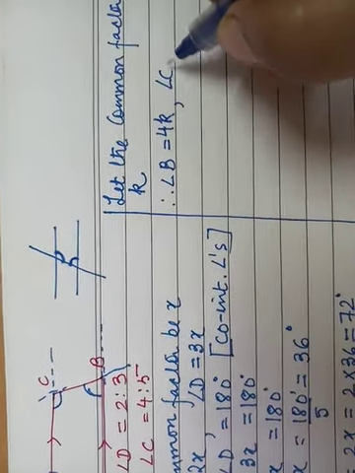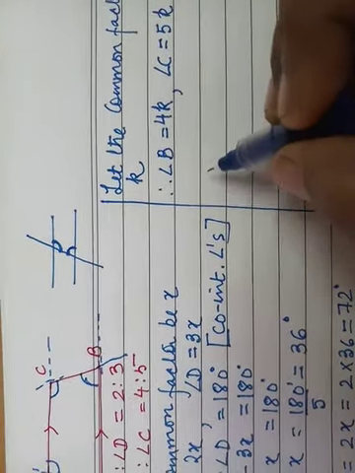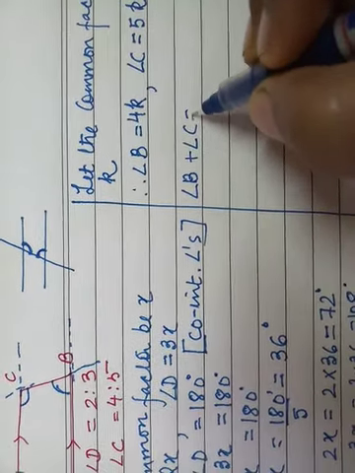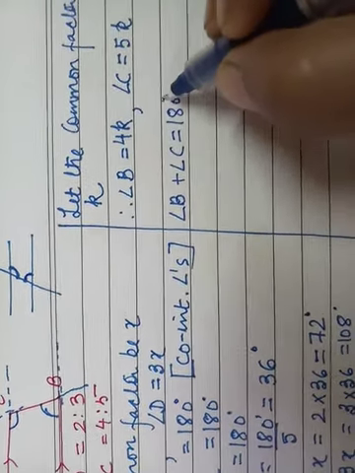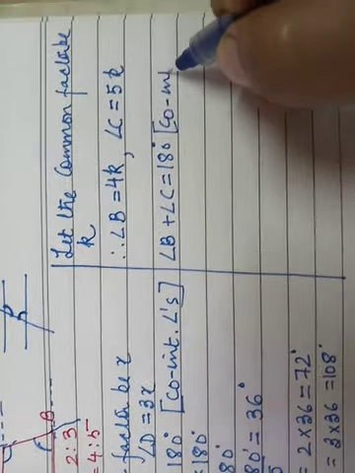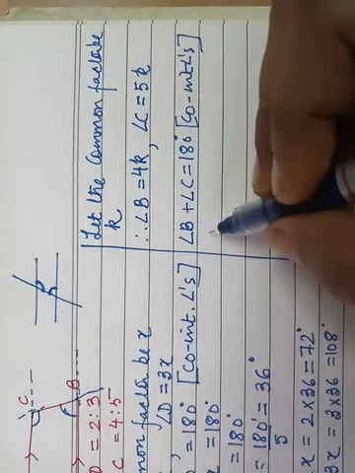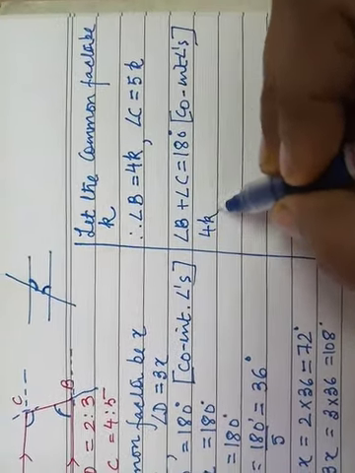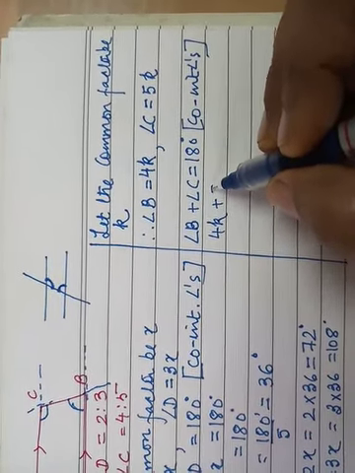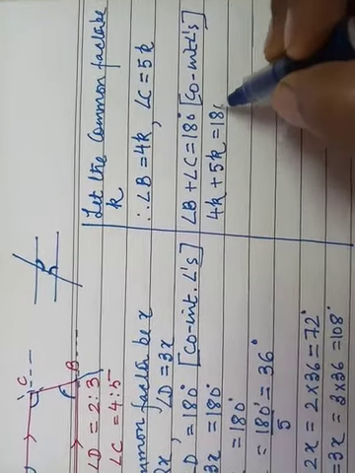Angle C is equal to 5k. Then again we write angle B plus angle C is equal to 180 degrees. We need to mention the reason, so I write co-interior angles. Now I put the value of B, that is 4k, and the value of C, that is 5k. So that becomes 180.